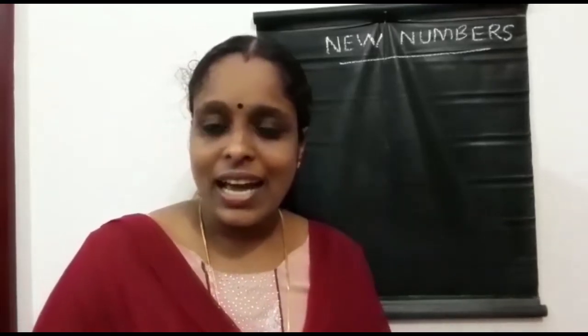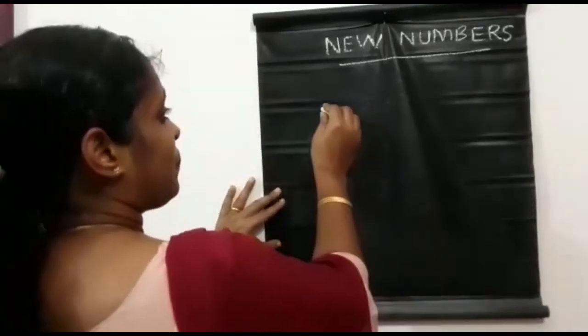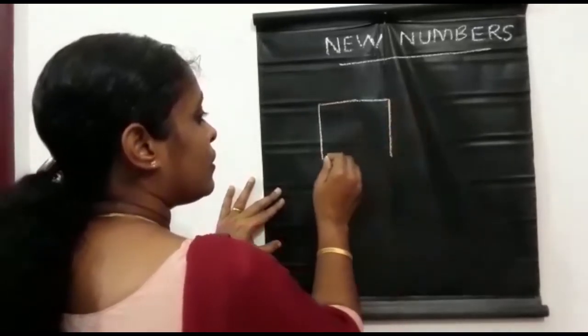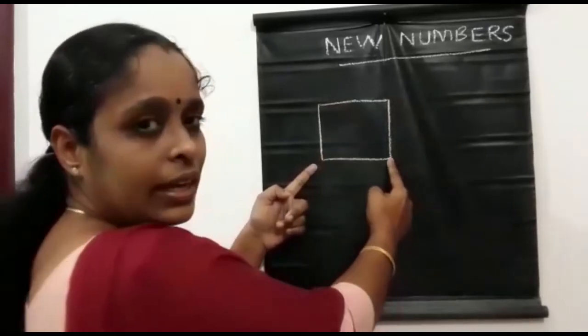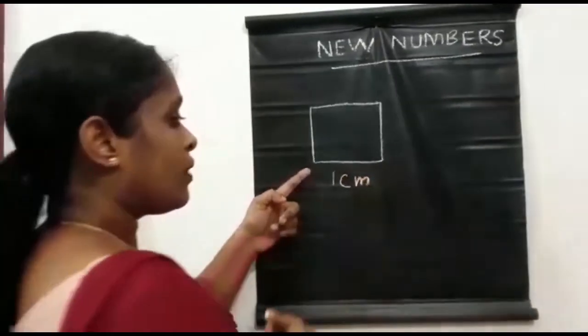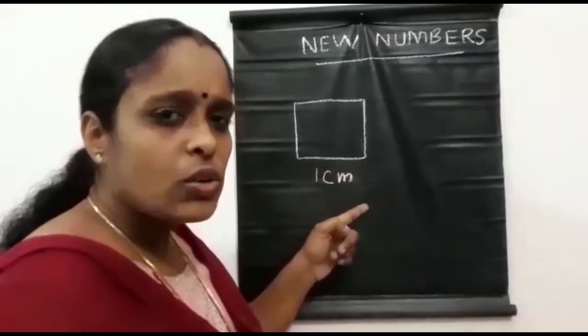For that, I am going to take a square. This is a square. And the length of one side of this square is 1 centimeter. You can take this one side as 1 meter also.